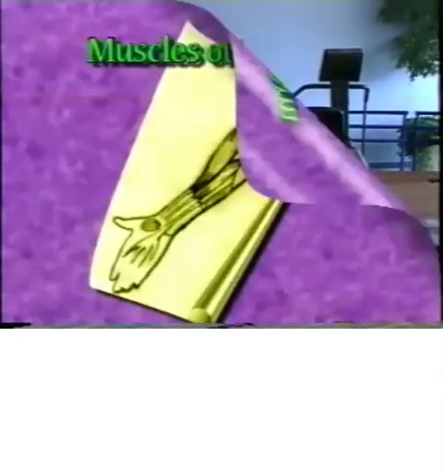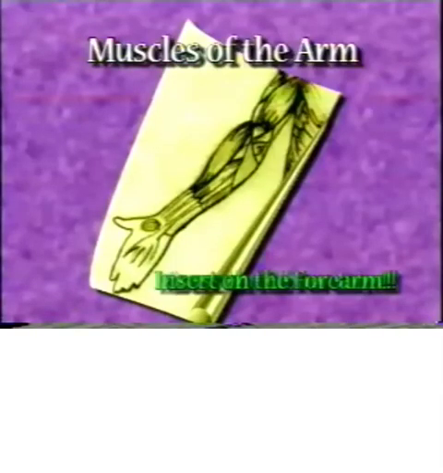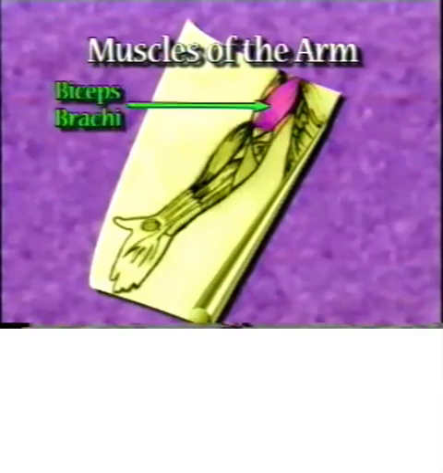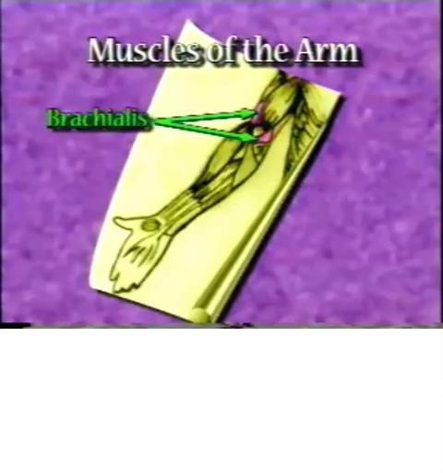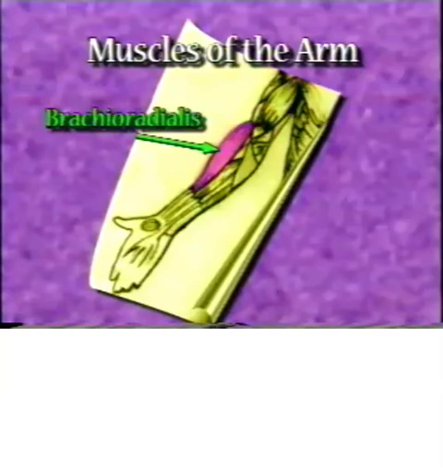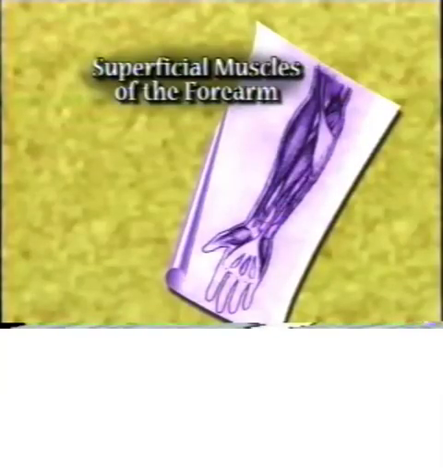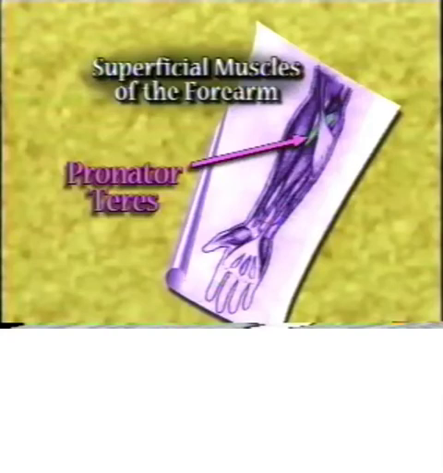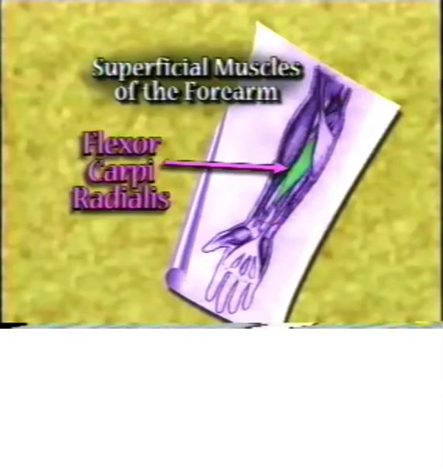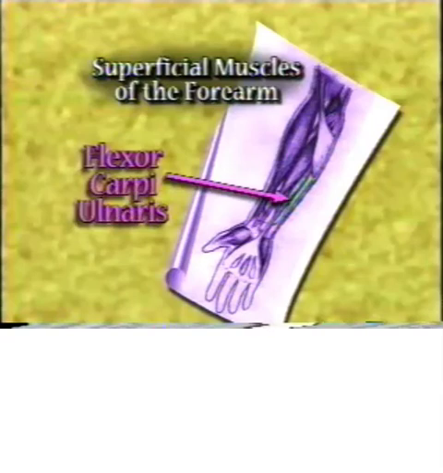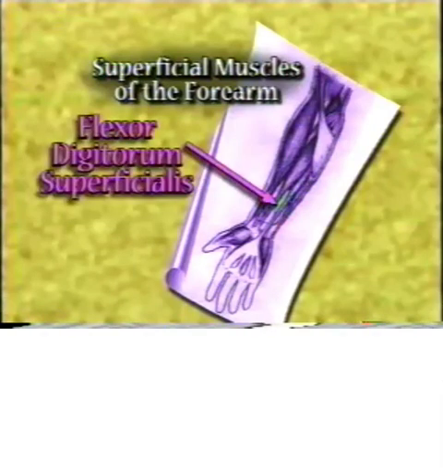The muscles of the arm cross the elbow joint and insert on the forearm in order to move it. They are the triceps brachii, the biceps brachii, the brachialis of the arm, and brachioradialis of the forearm. The superficial muscles of the forearm are the pronator teres, the flexor carpi radialis, the palmaris longus, the flexor carpi ulnaris, and the flexor digitorum superficialis.